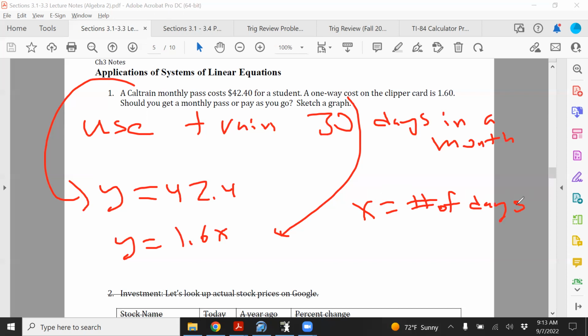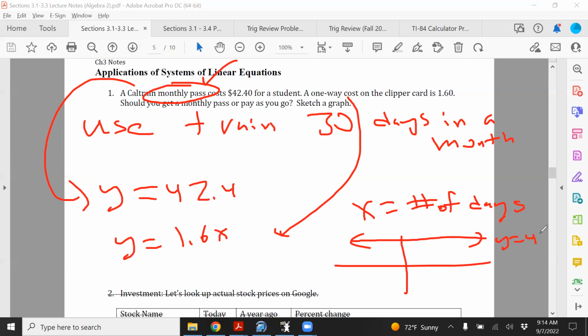Yeah, monthly passes. That's how they get you. And also, if you think about it graphically, that could be y equals 42.4, and that could be y equals 1.6x. So ultimately, they're going to intersect somewhere. Actually, let me get a calculator and see where it intersects.